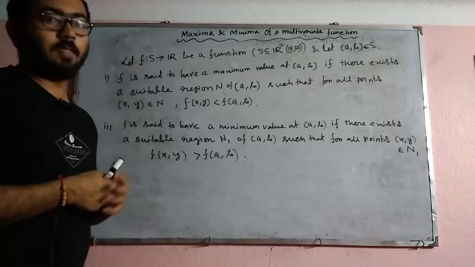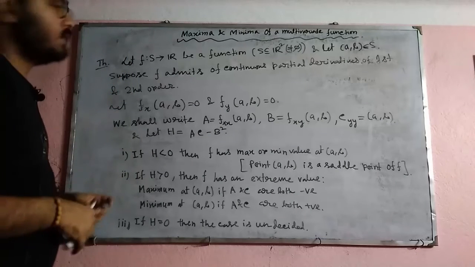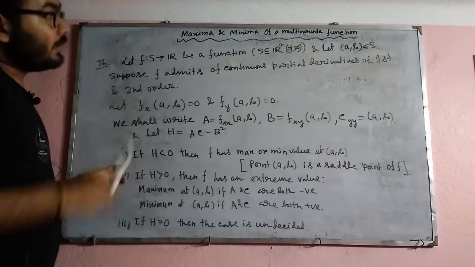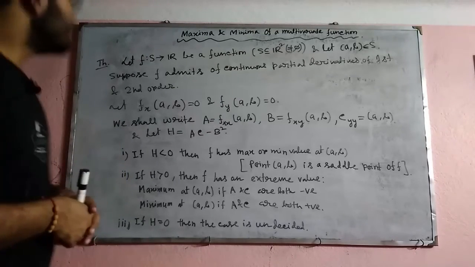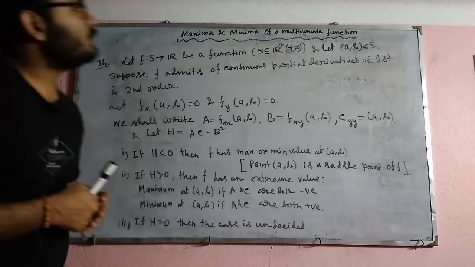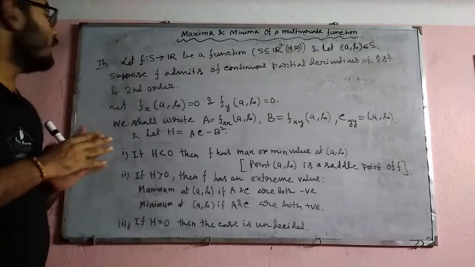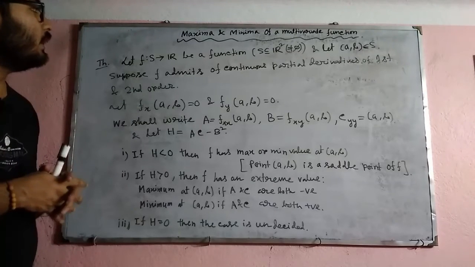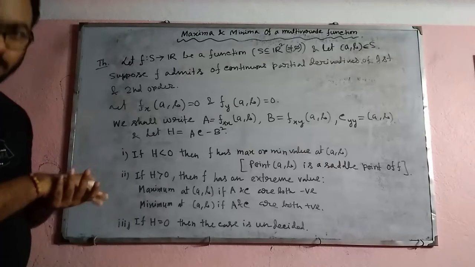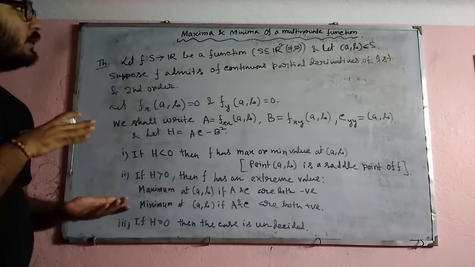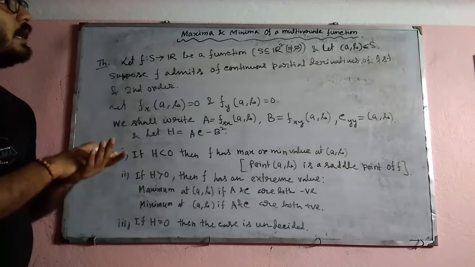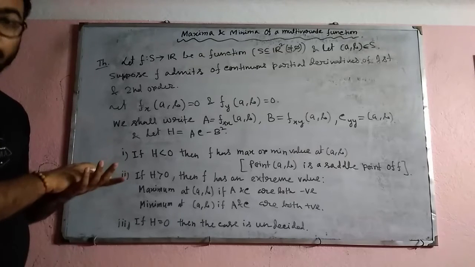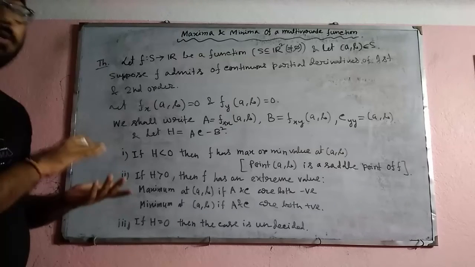Let f be a function from S to R where S is a non-empty subset of R2 and let (a, b) belong to S. Suppose f admits continuous partial derivatives of first order and second order. That means if we partially differentiate f, then the first order and second order partial derivatives have to be continuous.